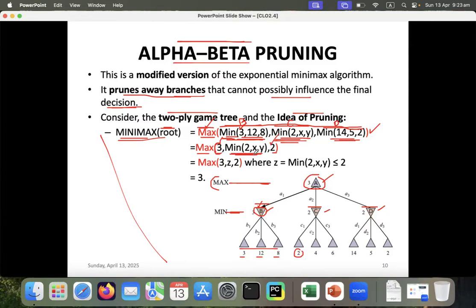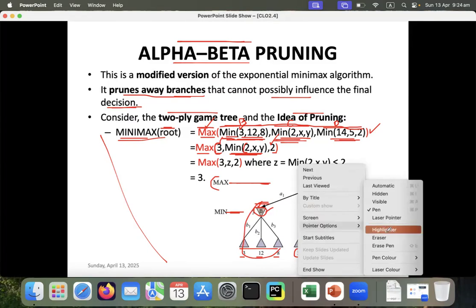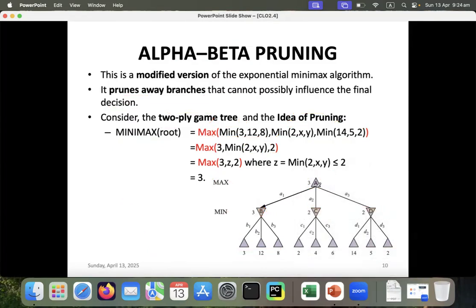Similarly, when you are executing it at the first, look here. From this tree, I can remove all this drawing so that you can see. When the depth first search executes, it will go here. It will execute this 3, and then min will not take this 12, then min will not take this 8, and the 3 value will be updated here for this node.